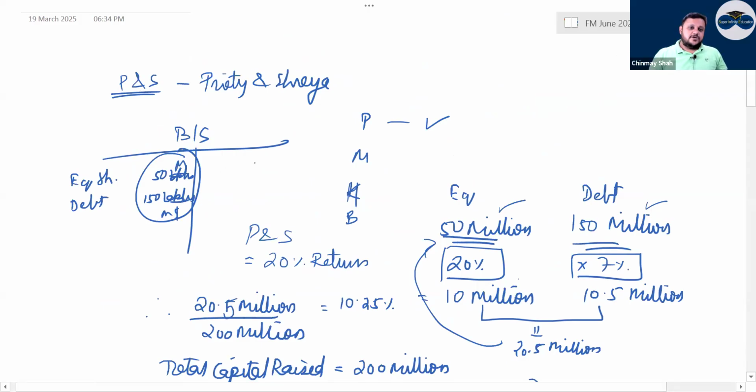Out of this, 125 million we are going to invest in plant and machinery, and 75 million in current assets and current liabilities, that is nothing but the working capital of the company. We are going to do investment there only. Makes sense or does not make sense? Tell me.